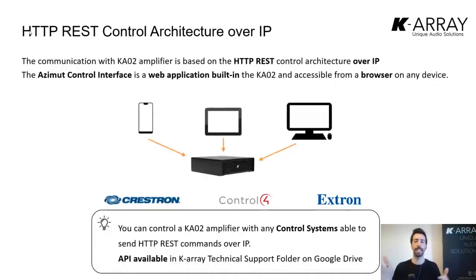This is IP-based communication, and the protocol that we use to send data to the amp is HTTP REST. Again, we have the API commands available that you can use to access the amplifier functions with external control systems like Crestron, for example. Remember that the communication is HTTP REST protocol over IP, so it's not RS485, okay?